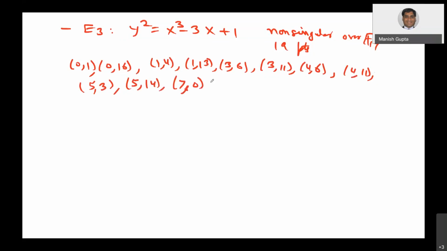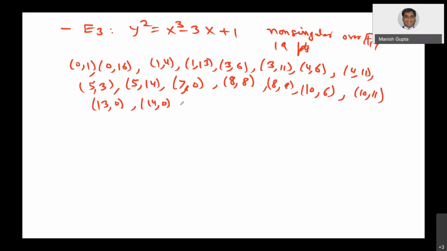You see one coordinate with y component 0. (8, 8), (8, 9), (10, 6), (10, 11), (13, 0), another coordinate with y component 0. (14, 0), another coordinate with y component 0. (15, 4), and (15, 13).